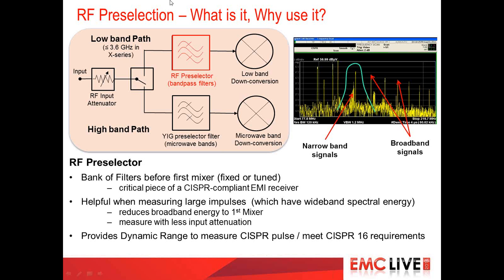You can see this illustrated in the upper right-hand corner. This blue line is meant to illustrate one of the preselector filters. At a certain point during the sweep, it's filtering out the broadband signals and only measuring narrowband signals, limiting the amount of energy going to the first mixer.